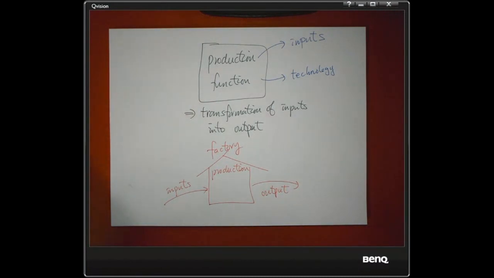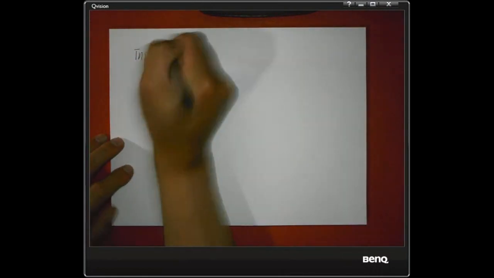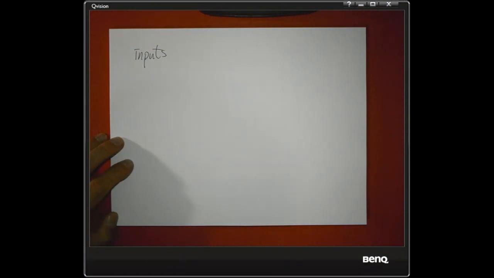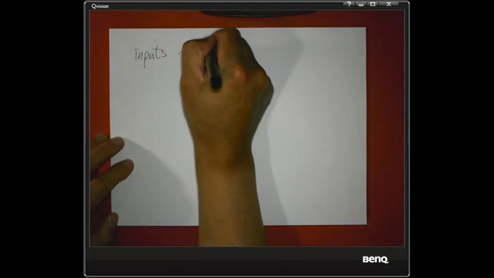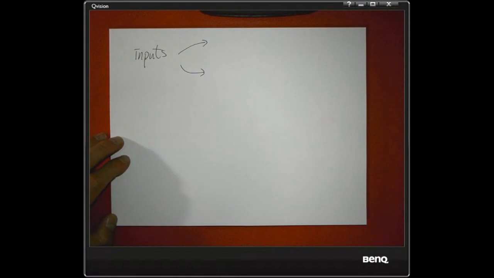So now, what are we talking about when it comes to inputs? We assume there are two inputs.